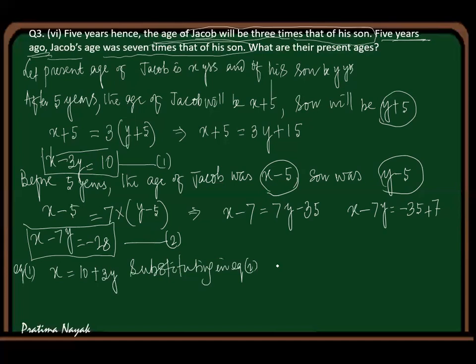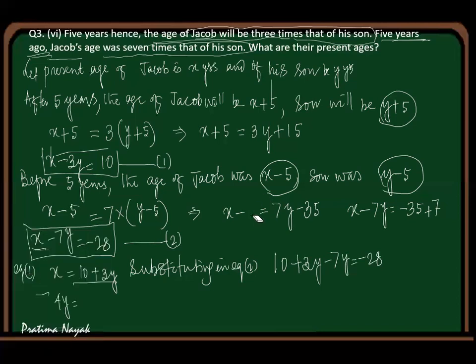Now substituting in equation 2. In place of x, I'll put 10 plus 3y. 10 plus 3y minus 7y is equal to minus 28. Or simplifying, I'll get minus 4y is equal to minus 28. Yes, some problem is there. This is a mistake, very sorry.